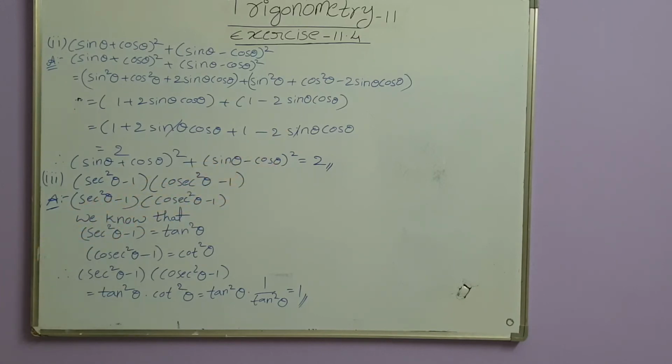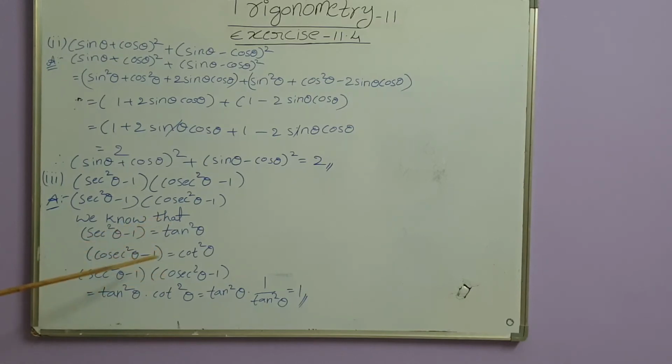In this third one, (secant square theta minus 1) into (cosec square theta minus 1). We know these formulas. Secant square theta minus 1 is tan square theta, and cosec square theta minus 1 is equal to cot square theta.